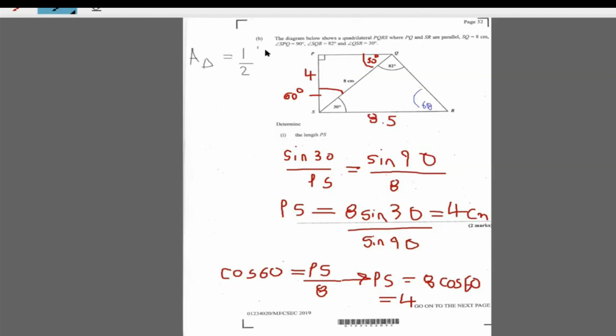So it's a half of 4 times the square root of 48. And that gives me the area of that triangle. Then I'm going to find the area of this triangle using half AB sine theta, which is a half of 8 times 8.5 times sine 30.